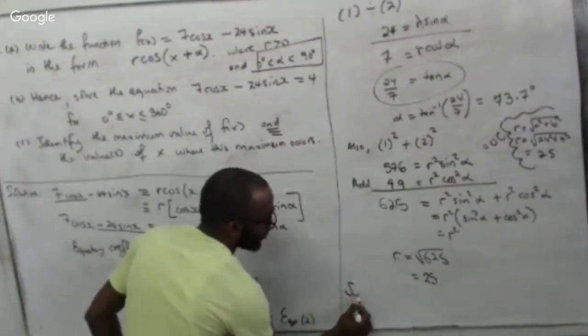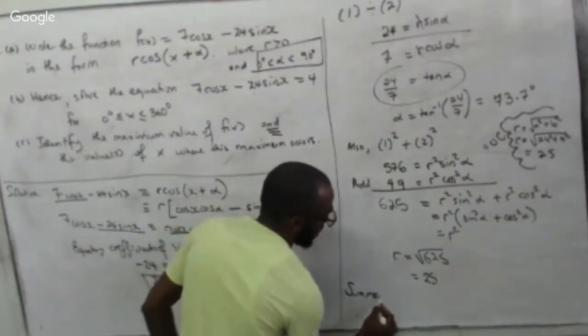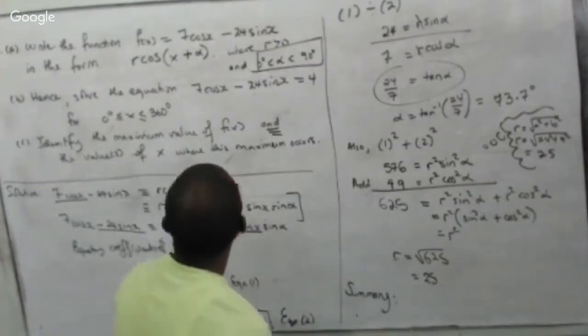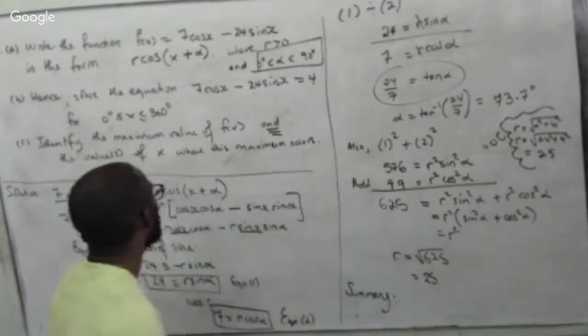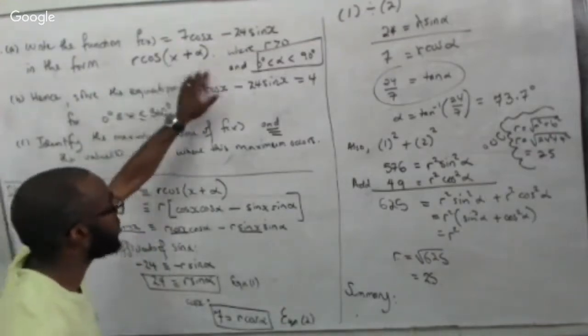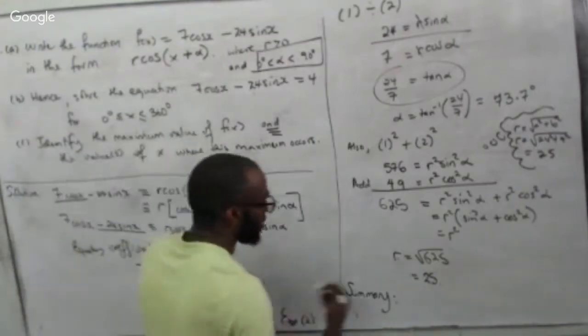Know that I said I must summarize my answer, especially if it's an exercise question. Remember, the question did not say find R and alpha such that this is true. They said put it in this form, so the examiner wants to see it.